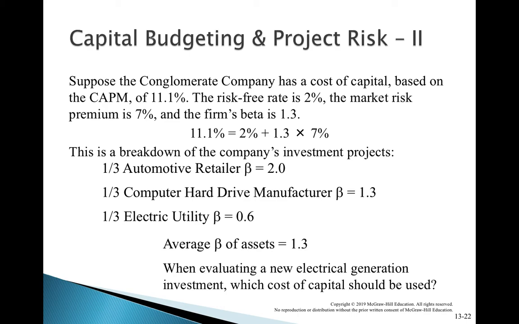And next I will extend this question: if the company is looking at a new automotive retailer business, what beta should it use? If it is taking a new project in electrical utility, what beta should it take?